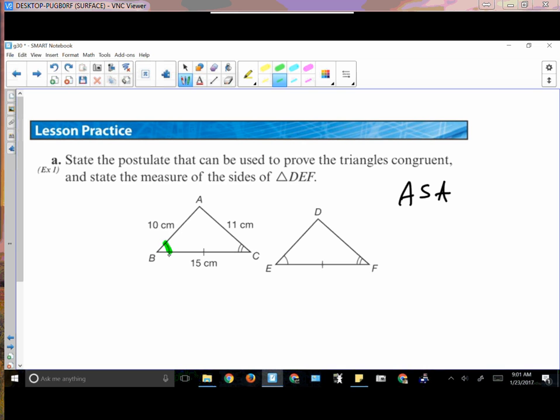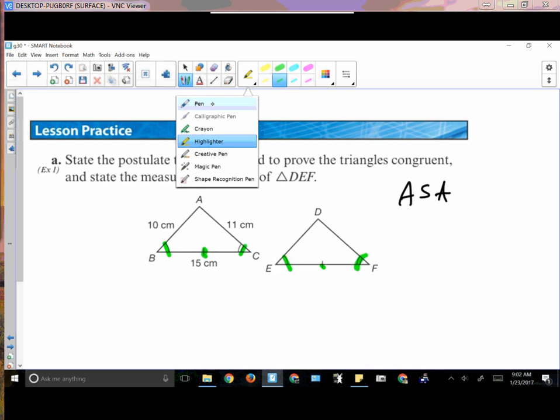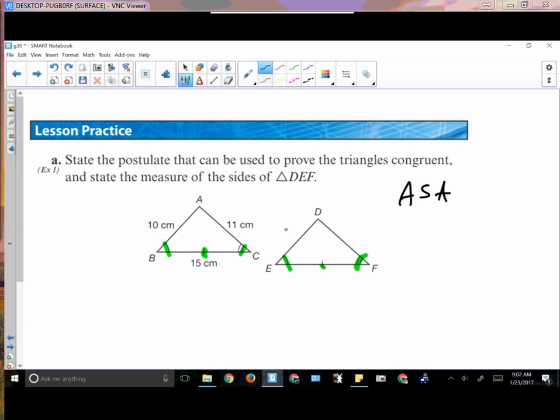I've got a mark over here, which is the same as a mark over here. This mark goes to this mark. This mark here goes to this mark over here. Okay? Absolutely correct. Angle, side, angle. So then that would imply that this here should be 10, 15, and 11, correct?